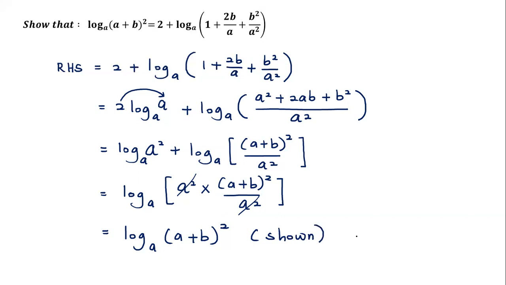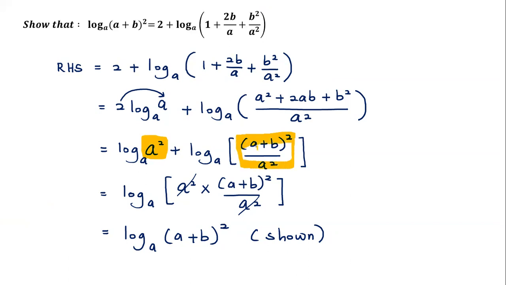Try to view the video a few times to get a clear understanding. In log, the plus can be combined as times and the minus can be combined as divide. Understand? So what I did here was take this whole thing and combine it with this.